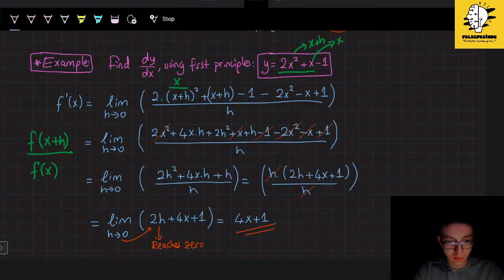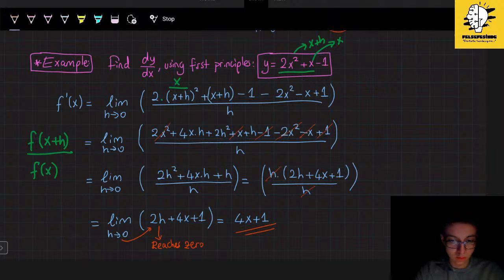Let's expand them. When we expand it, we find 2x squared plus 4xh and plus 2h squared. And we can see that they actually cancel each other out. And when they cancel each other, we have 2h squared plus 4xh plus h, over h.